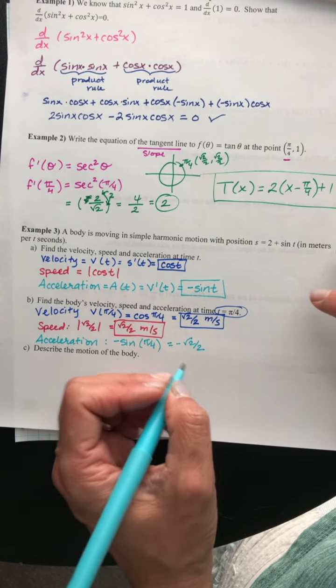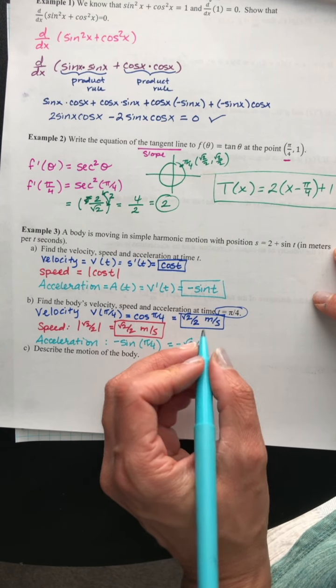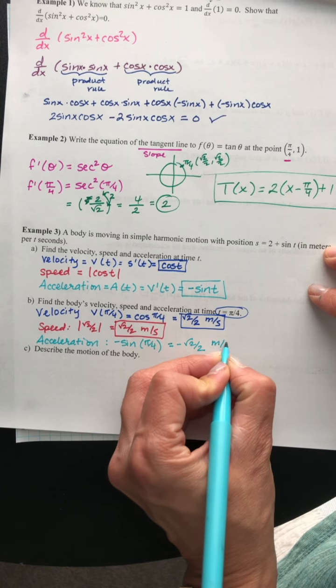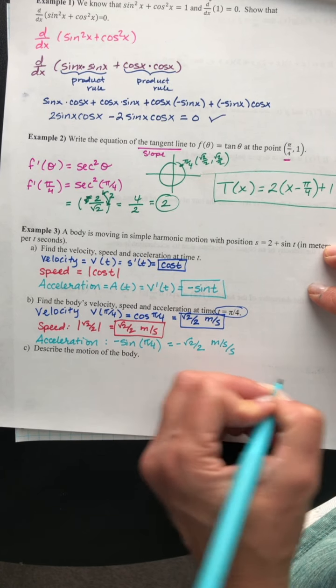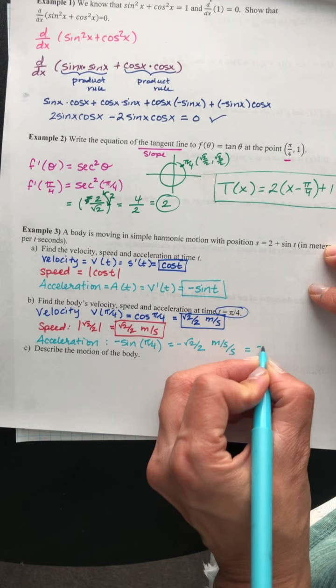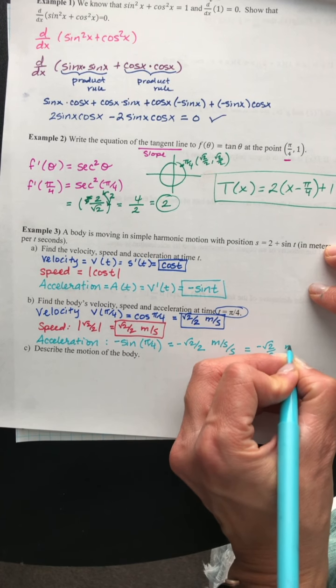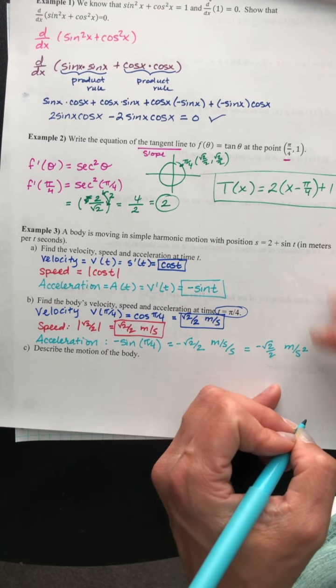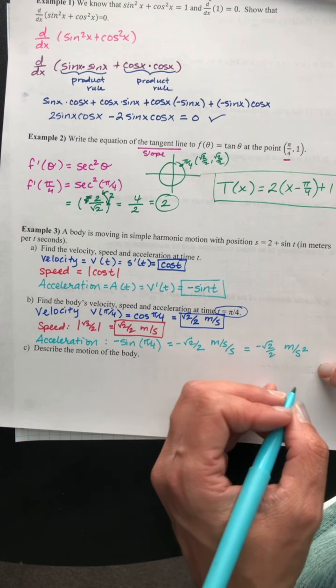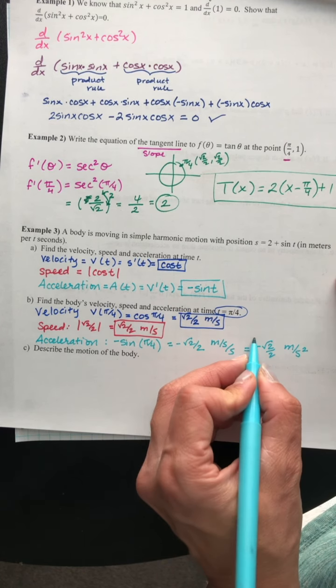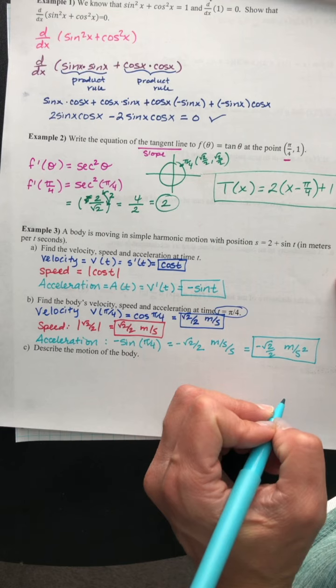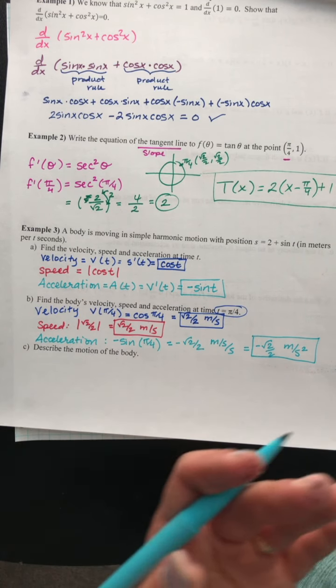And remember, acceleration is finding the rate of change of the rate of change. So it's meters per second, which is the same as negative square root of 2 over 2 meters per second squared. So when we're finding the acceleration, the units that are in the denominator are always going to be squared, because you're finding the rate of change of the rate of change.